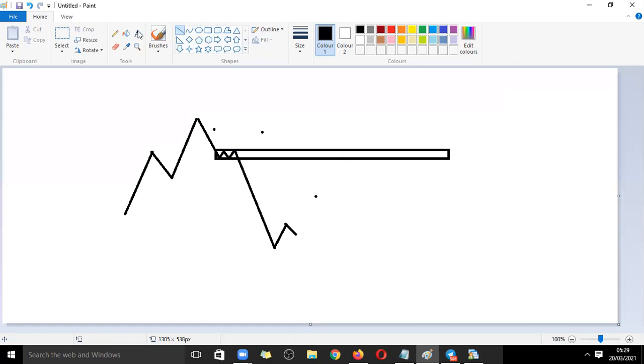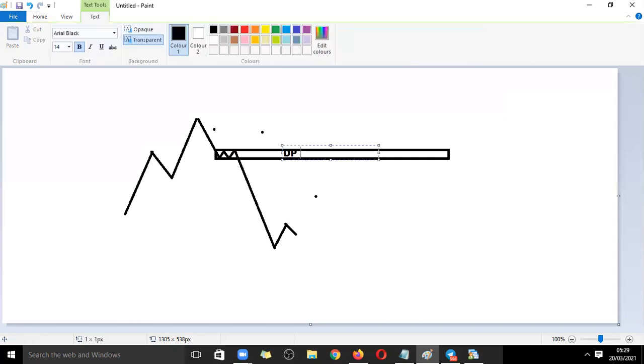So now that decision point there contains what we call unfilled orders. So we shall be having unfilled orders at that decision point there. Unfilled orders will be right there.